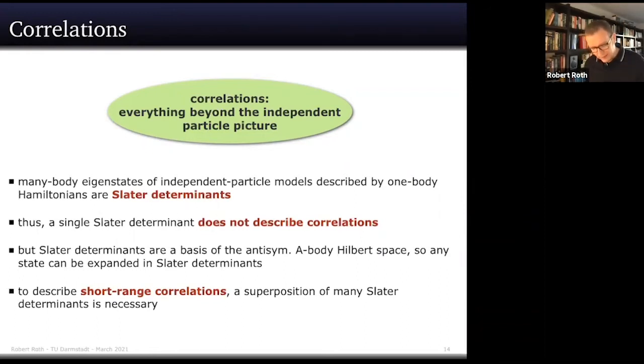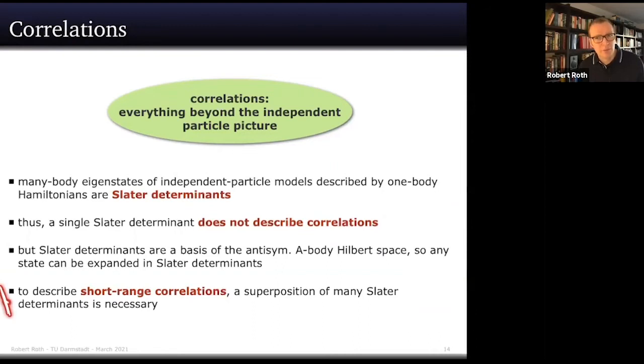So a single Slater determinant cannot describe correlations, but we are lucky, Slater determinants form a basis. If you superimpose many of them, then you know that they span the complete Hilbert space, so they have to be able to describe the physics of correlations. The problem is only that for these short-range correlations, you need very many Slater determinants to describe them properly.